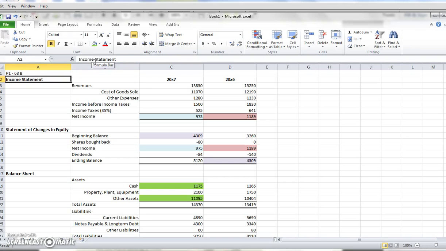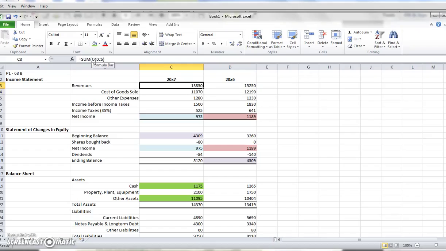So in this company, the income statement, here's the revenues, and the income before taxes, after you subtract the expenses. One thing that you can notice is in 2006, they had higher revenues, and therefore they also had higher income.